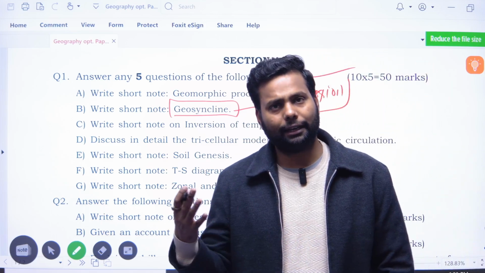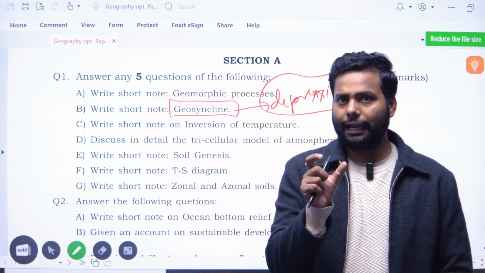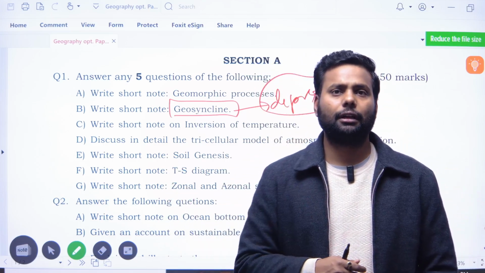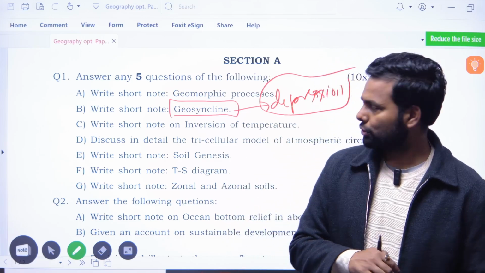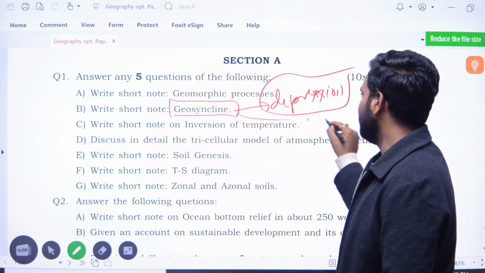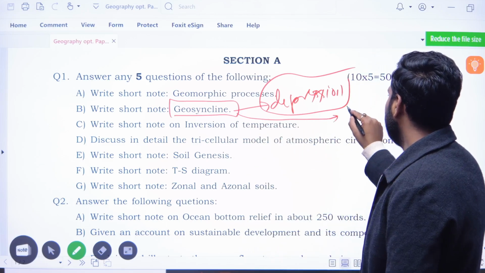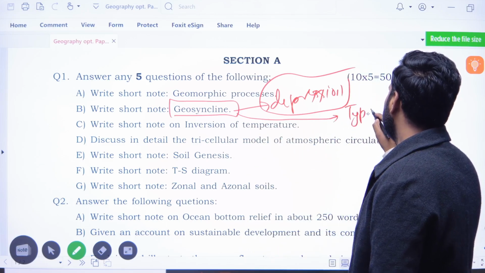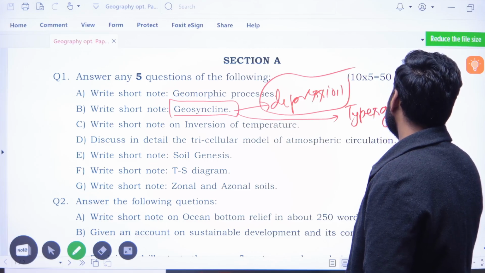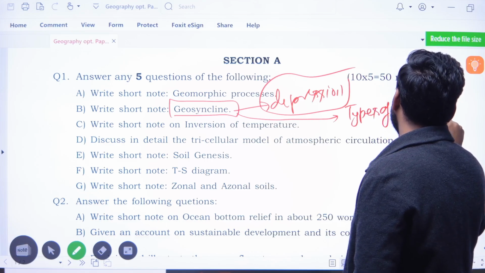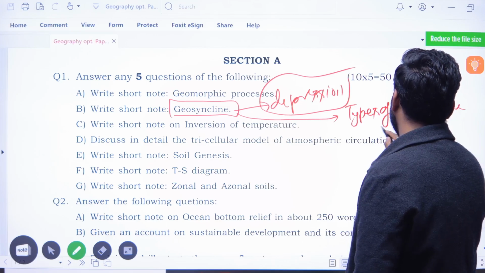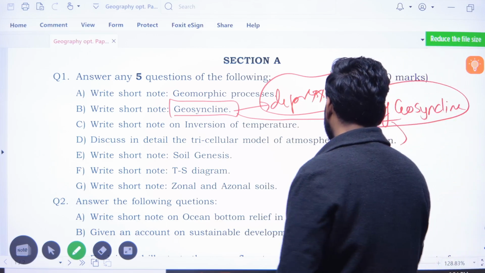We all know that a geosyncline is a narrow elongated depression within the plates. You have to explain geosyncline and the types of geosyncline.